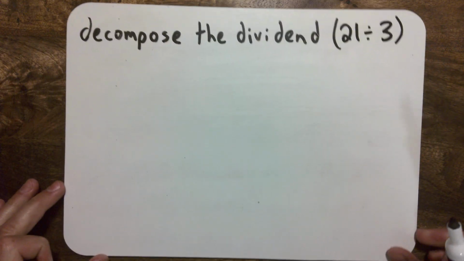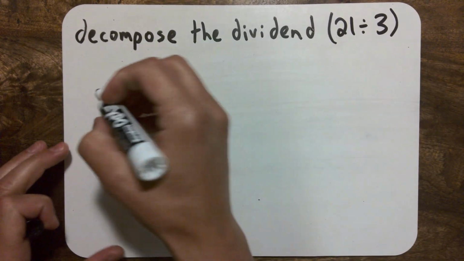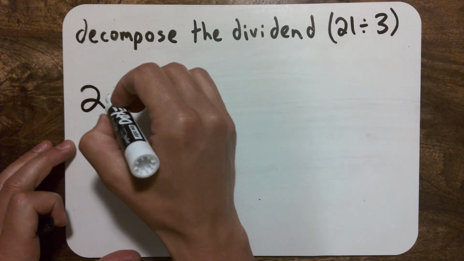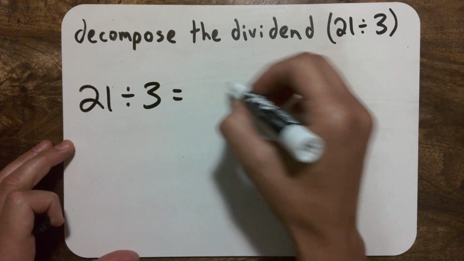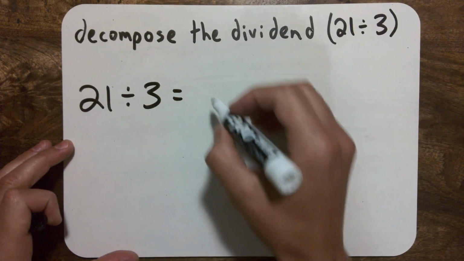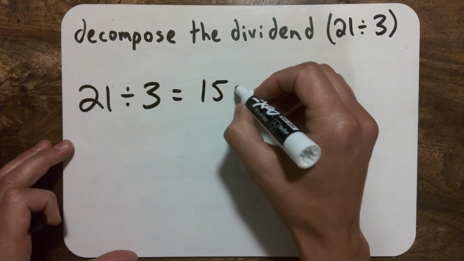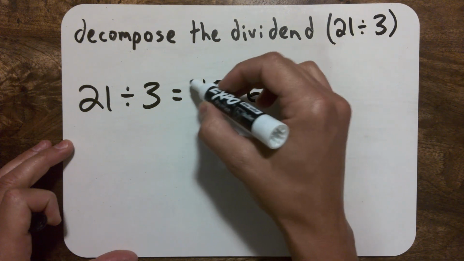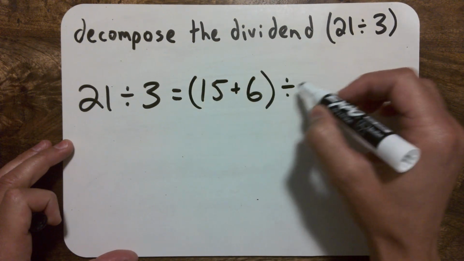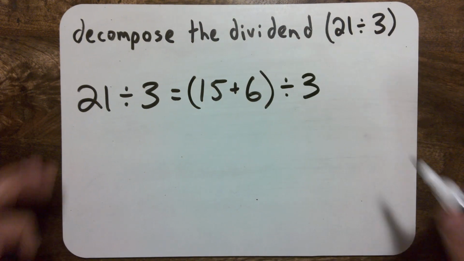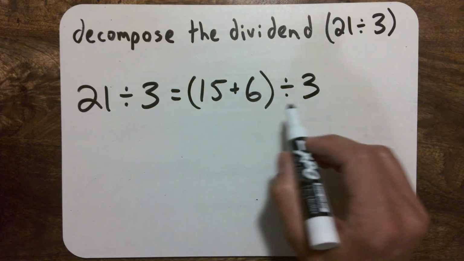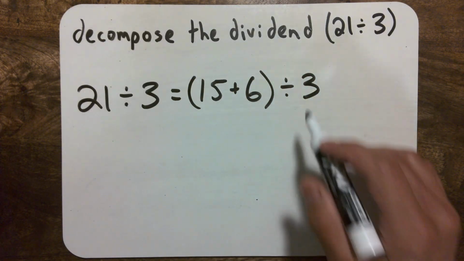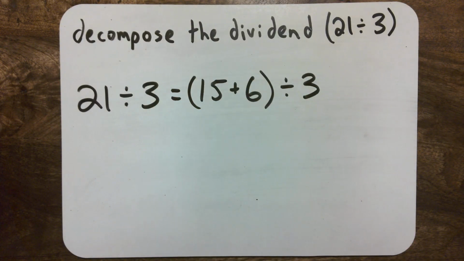And then the abstract model that goes along with this, we might not necessarily always write it out this way. We decompose this 21 into 15 plus 6. Okay. And then since division is the inverse operation of multiplication, all the multiplicative properties still apply.